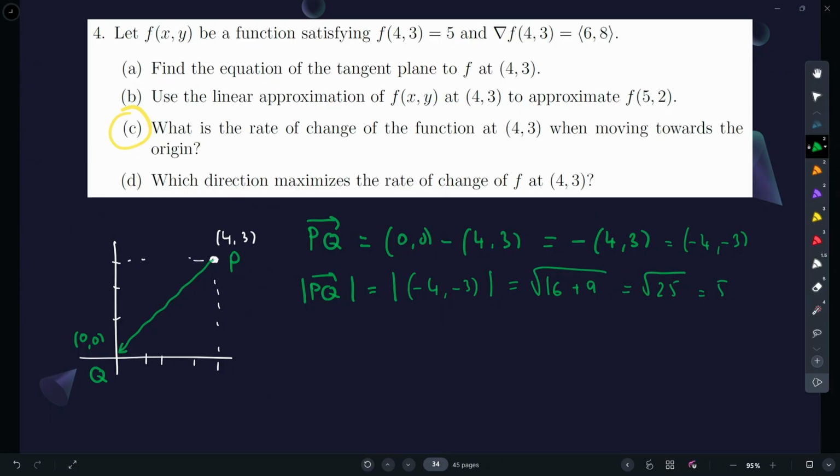Perfect. Then the unit vector will be the vector PQ scaled by the length of PQ. So it's scaled by 5: (-4, -3) divided by 5, which is (-4/5, -3/5).